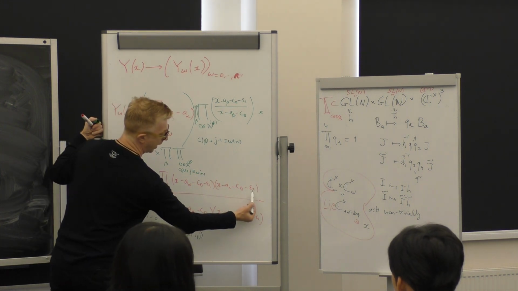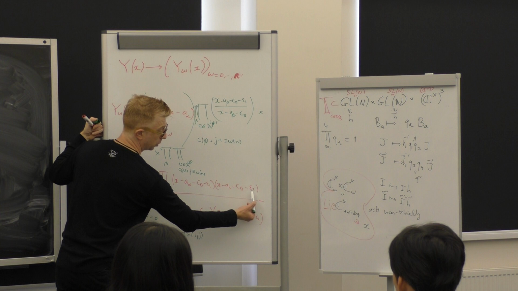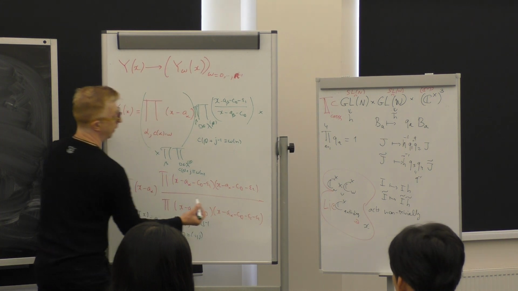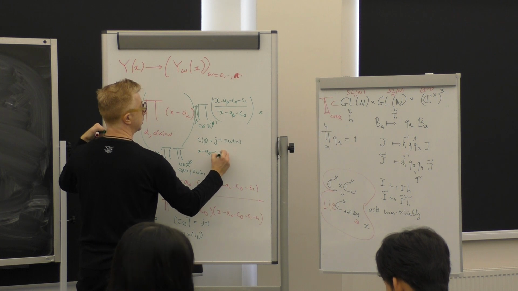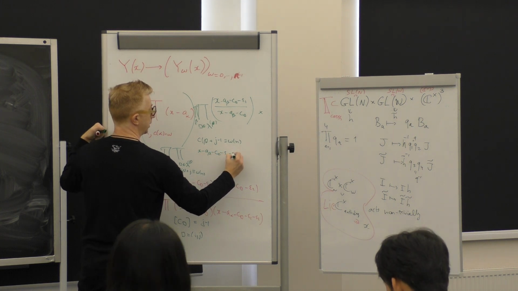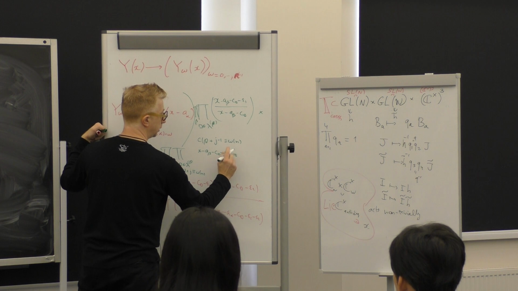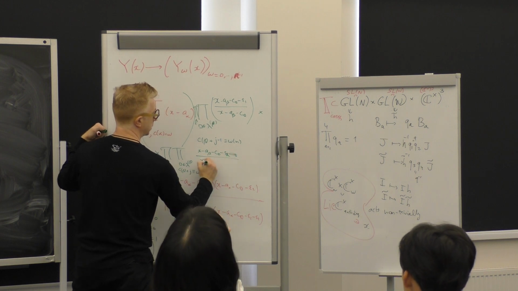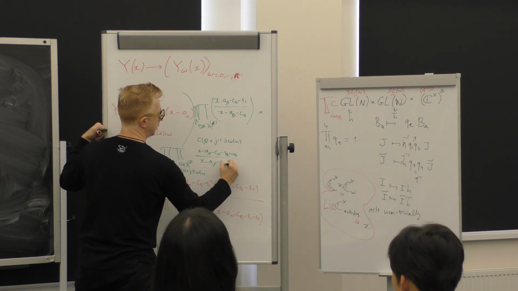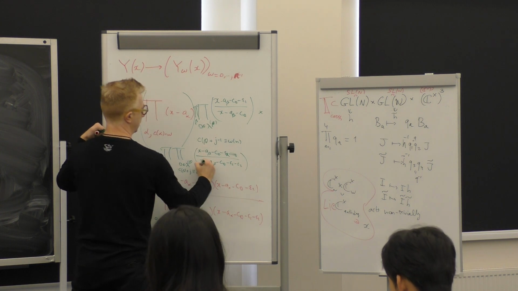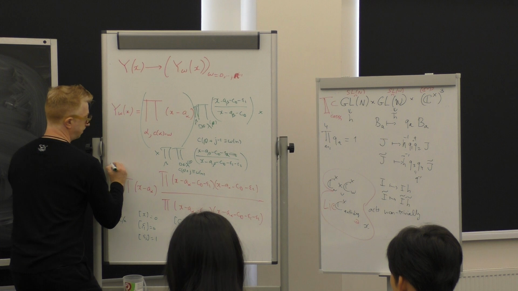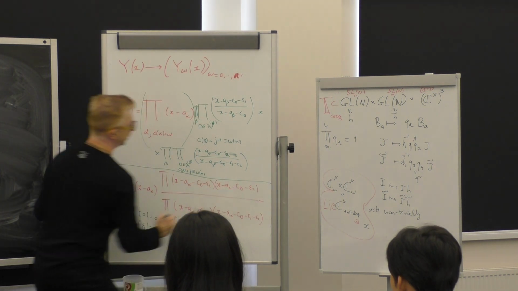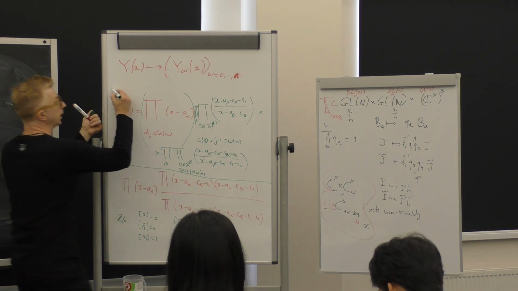Because here I have an extra addition of epsilon 2. So x minus a_beta minus c(box) minus epsilon 1 minus epsilon 2, sorry. And then x minus a_beta minus c. That's it. So this is the definition of y sub omega.